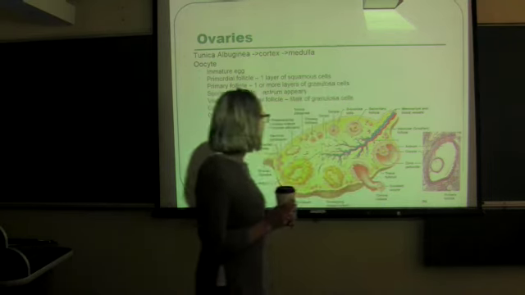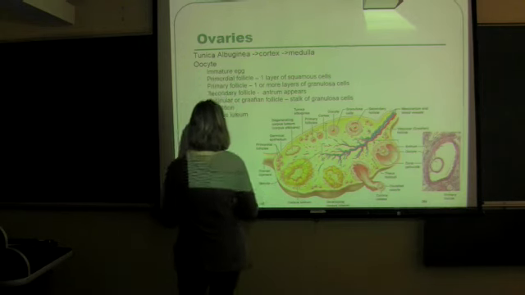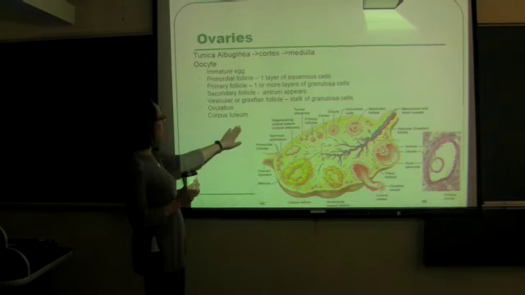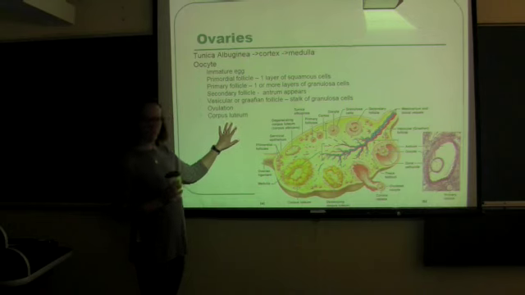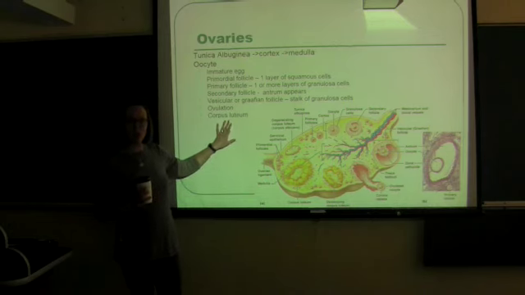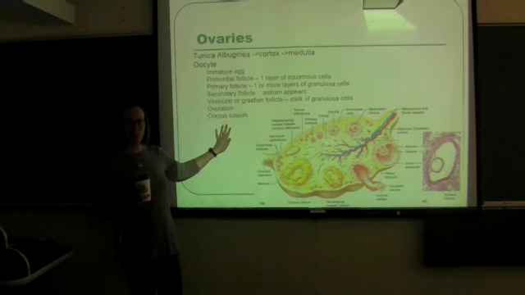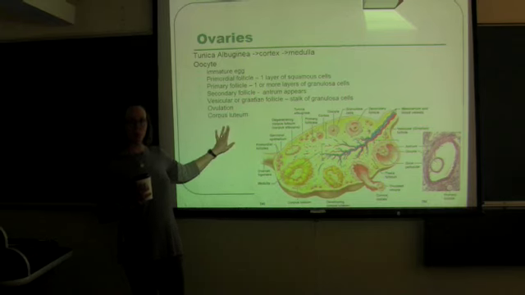All right, moving on. So corpus luteum, I do want you to know that. That will be the structure that releases hormones if a woman becomes pregnant. And we'll get into the hormones a little bit later. If a woman does not become pregnant, this turns into scar tissue.